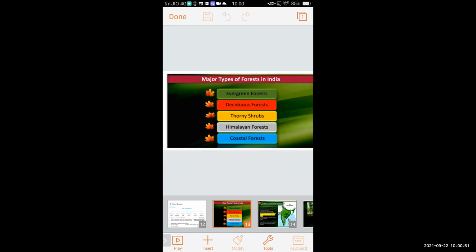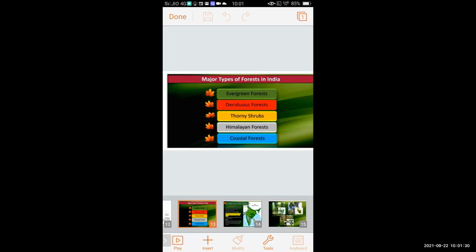Now today we will start with the major types of forest in India. There are five major types of forest in India: evergreen forest, deciduous forest, thorny shrubs, Himalayan forest, and coastal forest.